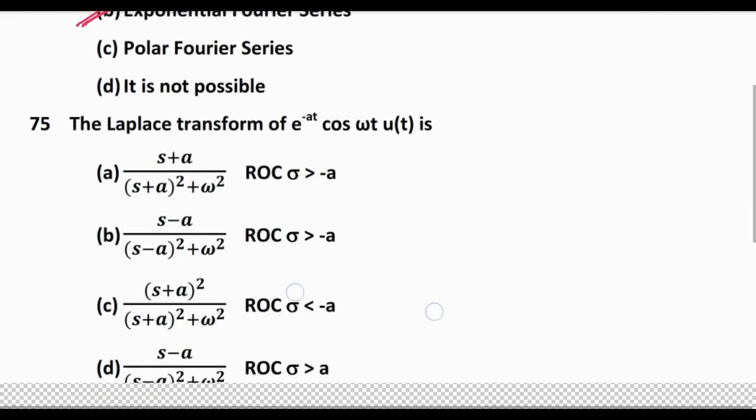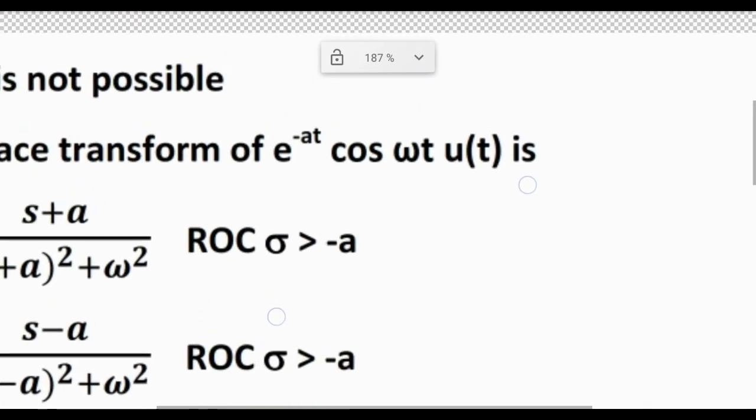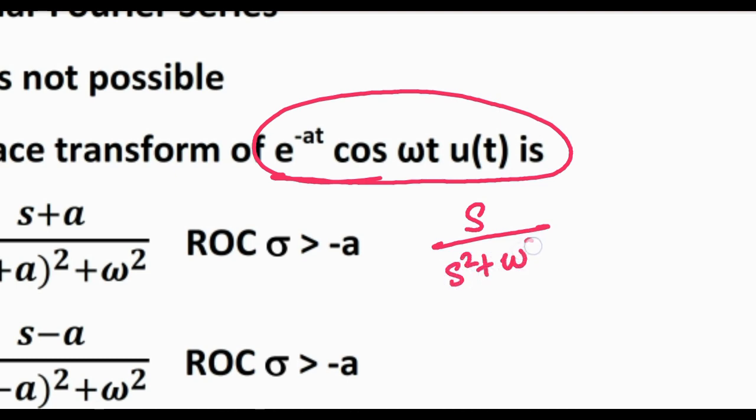Next question is, the Laplace transform of e to the power minus at cos omega t u(t) is. So here this is e to the power minus at cos omega t. For cos omega t, what is the Laplace transform? s by s squared plus omega squared, and here in the time domain e to the power minus at is multiplied.